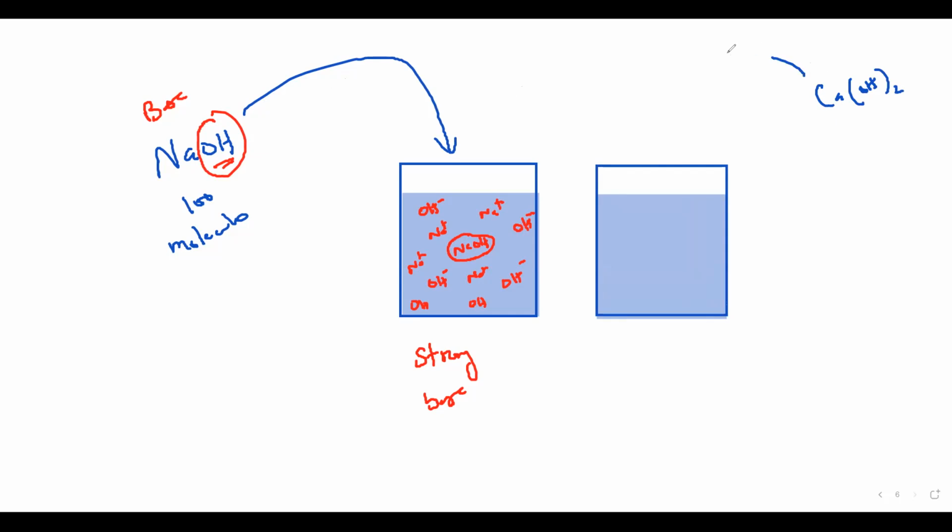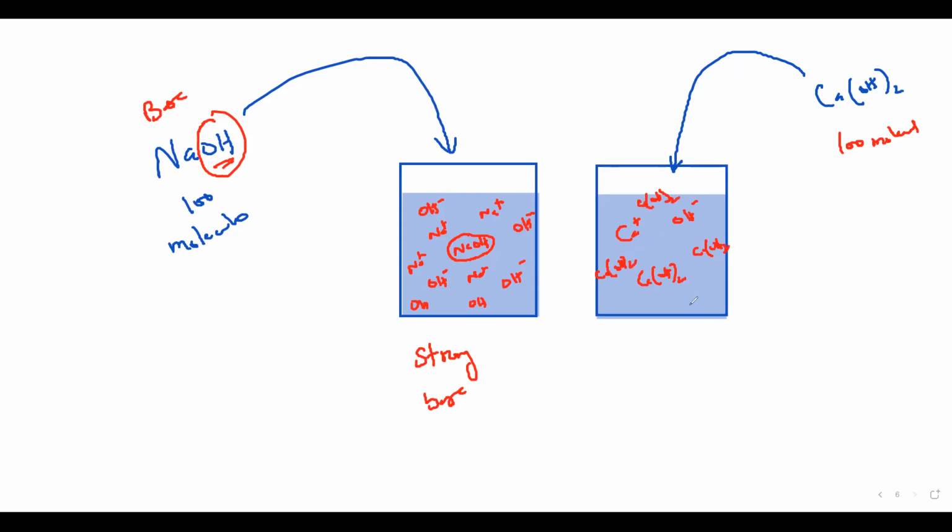When we add this to water, if we were having say 100 molecules of calcium hydroxide, what we observe is only one molecule dissociates and the rest all remain as calcium hydroxide, in a molecular state. Only one of the molecules dissociates or breaks down into ions.